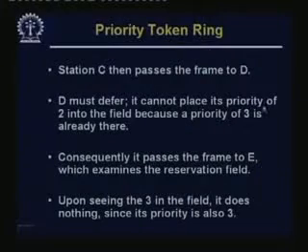It cannot do anything, alright. D cannot place its priority of 2 into the field because a priority of 3 is already there. Consequently, it passes the frame to E, which examines the reservation field. Upon seeing the 3 in the field, it does nothing, since its priority is also 3. So E simply sends it along.